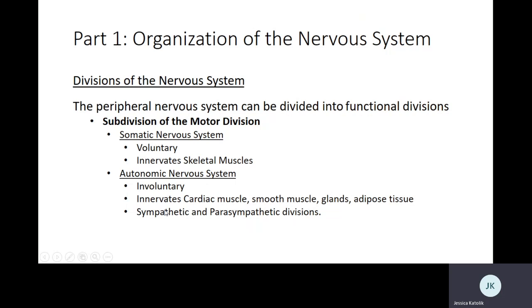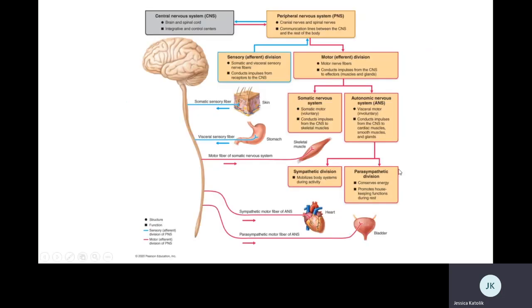So let's talk about these divisions with the diagram. The sympathetic division is going to be responsible for our fight, flight, or freeze response. So when you're in a dangerous situation, this is going to be mobilized. And so it's going to do things such as increase our heart rate and make our palms sweaty. It's going to dilate our pupils in our eyes so we can gather more information. So it's going to get ready for that situation.